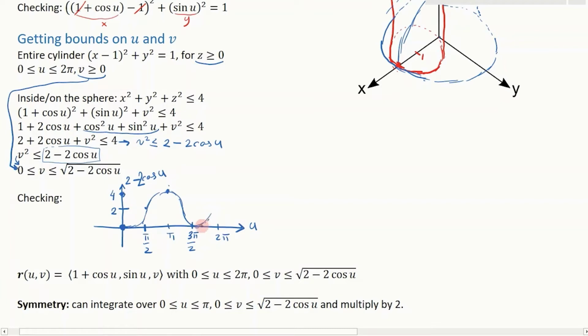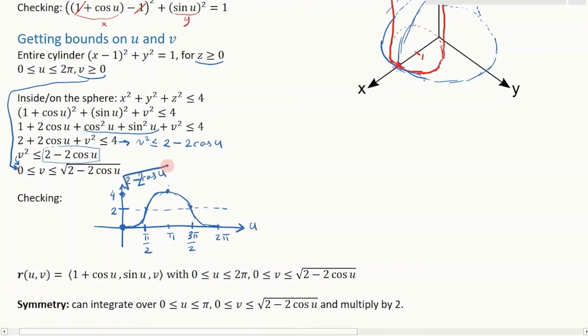But we know we need to also square root it. Okay, so this is the shape, but we need to square root it.